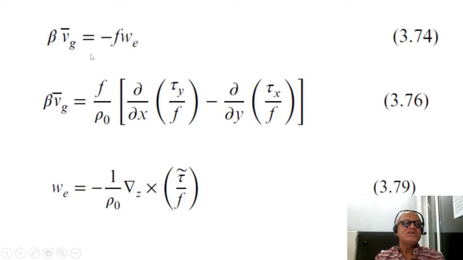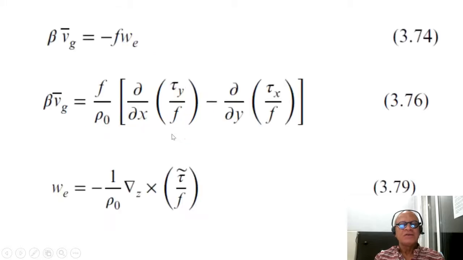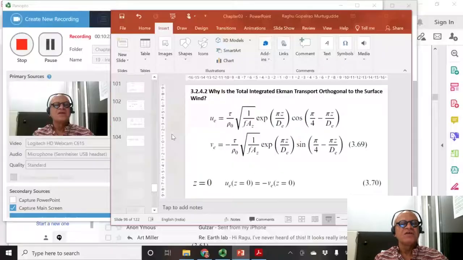So beta Vg is again minus f we, Ekman pumping. Rewriting the expression for beta Vg, and we is minus 1 over rho 0 curl of tau over f. That is, this is we. So we is giving us induced geostrophic currents.